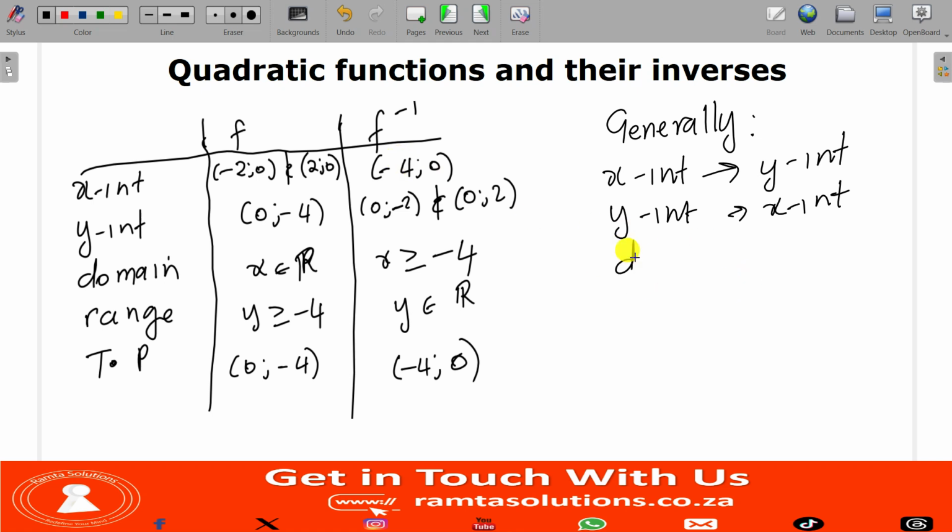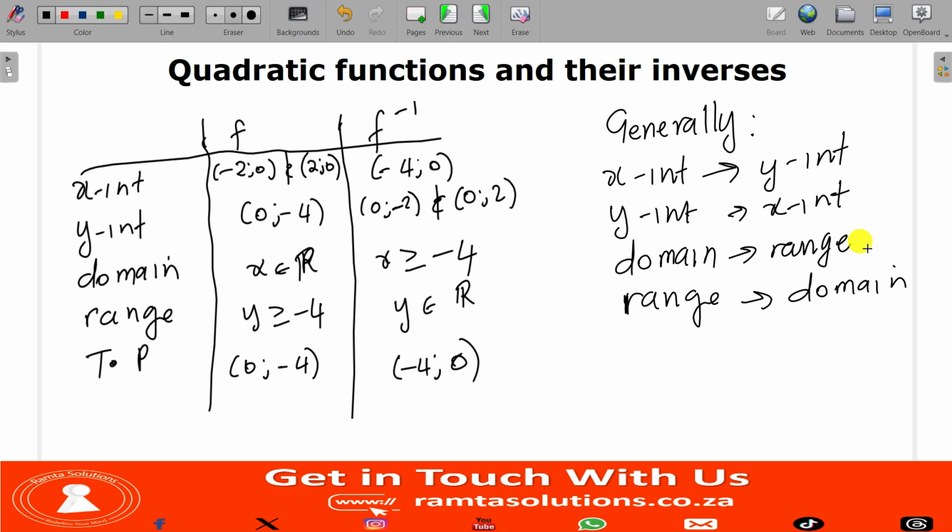What was the domain? It became the range. Where there's y you put x, where there's x you put y. And what was the range? The range now becomes the domain. You're only changing the y's and the x's.